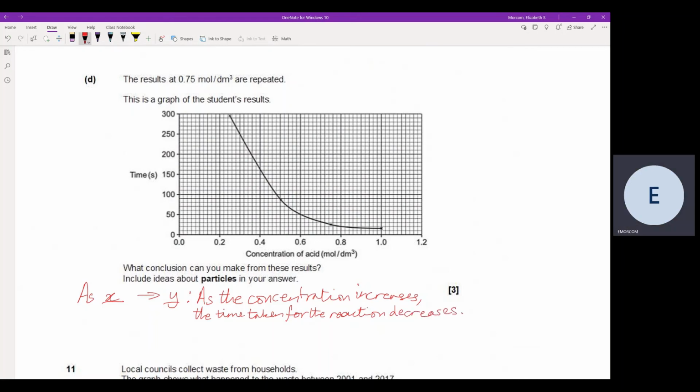Because the time is getting shorter, that means the reaction is getting faster. So the reaction gets faster.